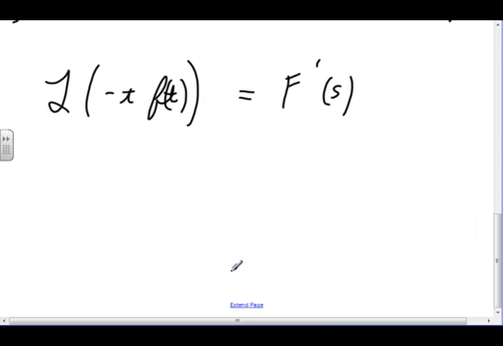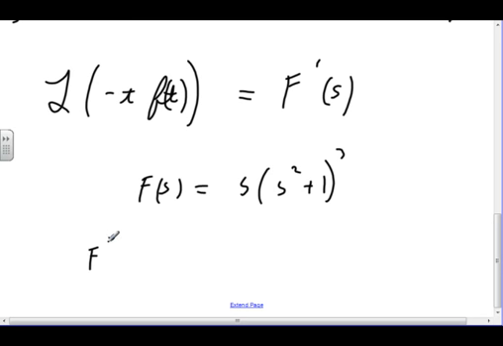Okay, so f of s is equal to s over s squared plus 1 cubed.